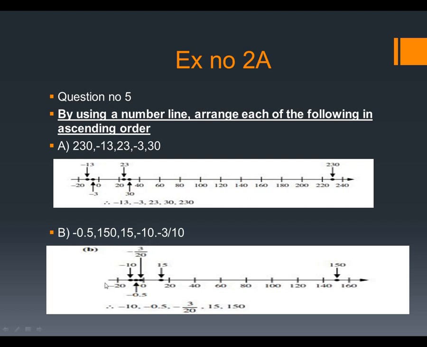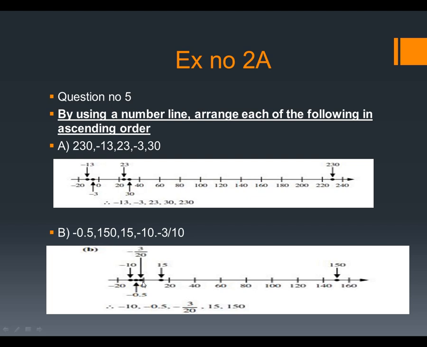So we will make a number line. When you make it in your copy, you can increase the difference between 0 and minus 20 so that you can easily draw the points and it will be clear. I make the number line till more than 150, with a difference of 20, so it will be till 160.